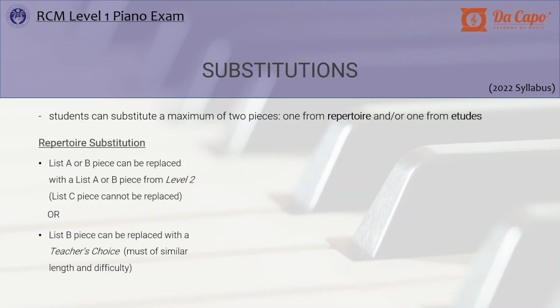So for the repertoire substitution, we can substitute a list A or B piece with a list A or B piece from the level above, which is level 2, and a list C piece, so the inventions, cannot be substituted. Or you can choose to substitute the list B piece with a teacher's choice, which has to be of similar length and difficulty.